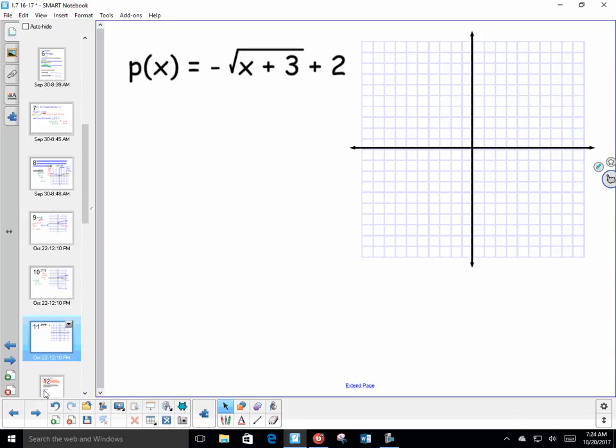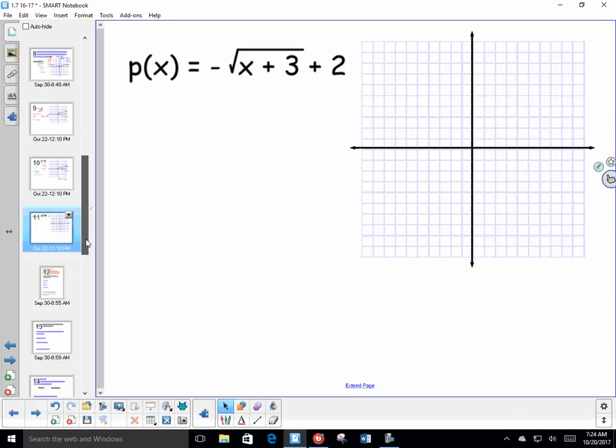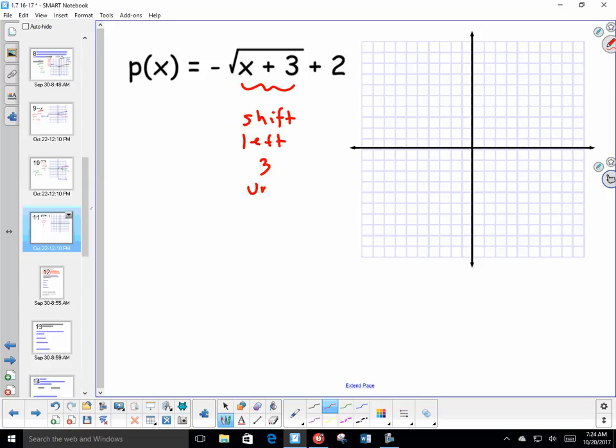All right, and let's do just one more of these. On this one, we have x plus 3. The x plus 3 here indicates a shift. Which direction? Up, down, left, right? If it's in with the x, the plus 3 is in with the x underneath the square root, that's going to be a shift left 3 units.